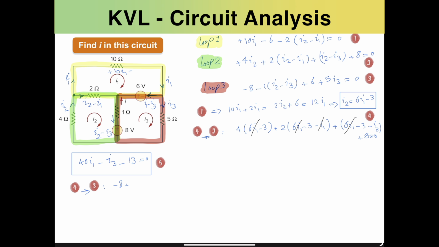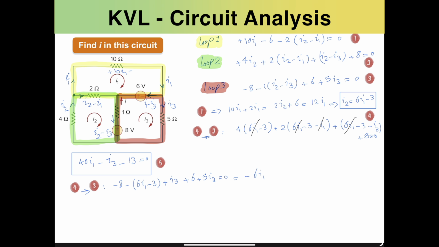minus 8 minus I1 minus I2, that instead of I2, we would write 6I1 minus 3, then plus I3 plus 6 plus 5I3 equals 0. Simplifying that, we have I1 with minus 6 only, so minus 6I1.